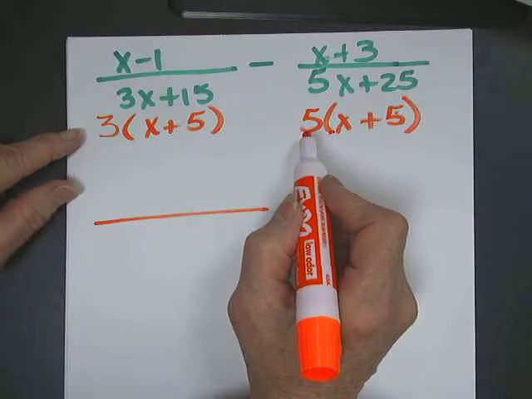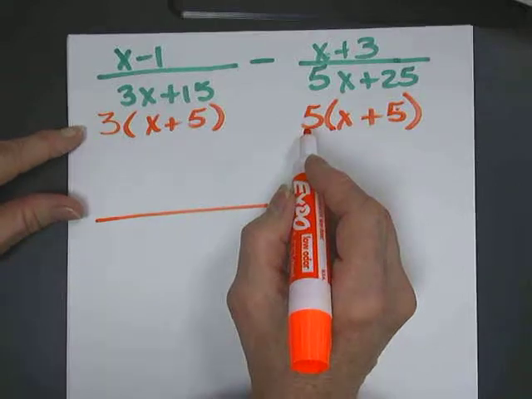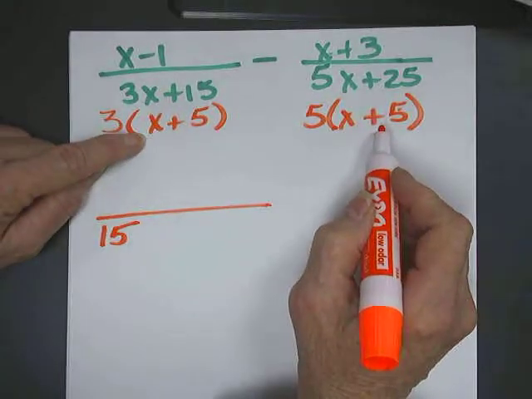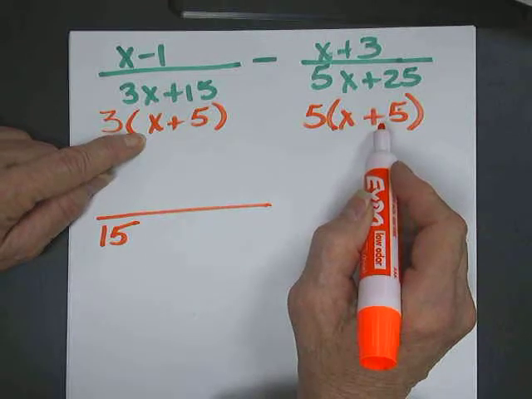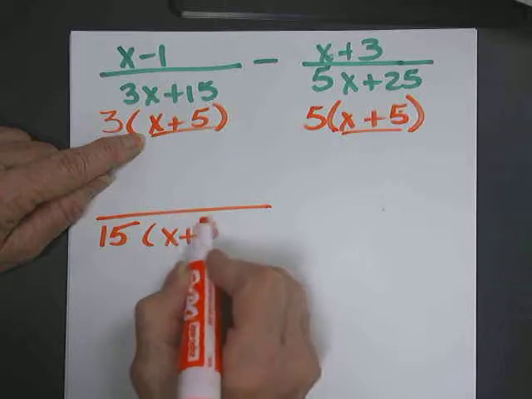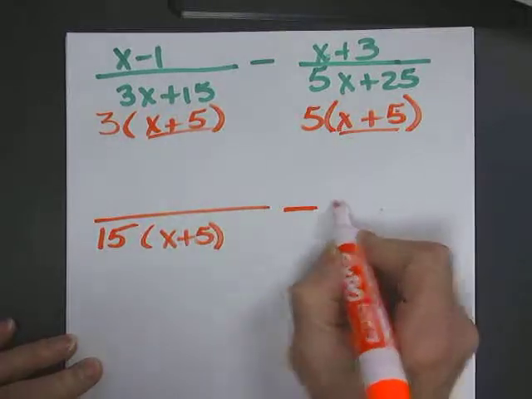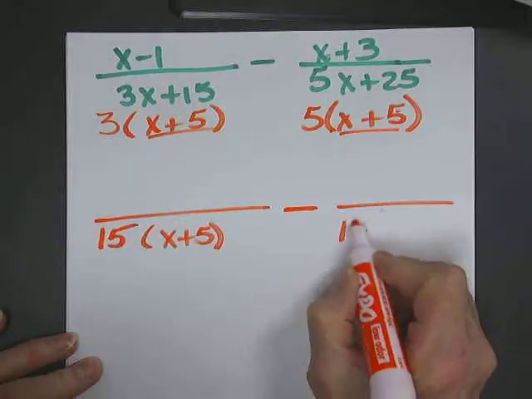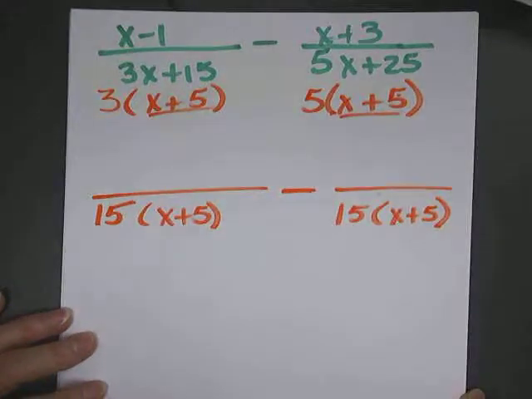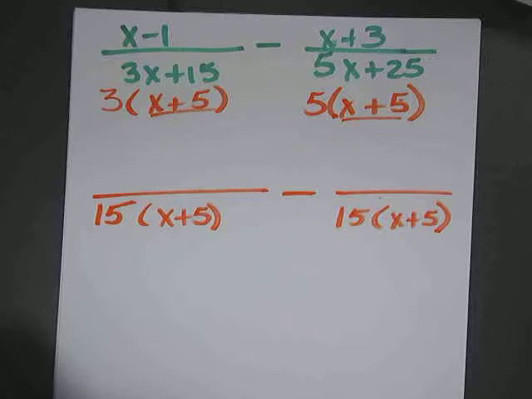What does this factor out to? 3, just 3. X plus 5. Plus 5, yes. You got a 5 there. How about this one? 5, yes. 5 times x plus 5. Okay, least common multiple is the most.